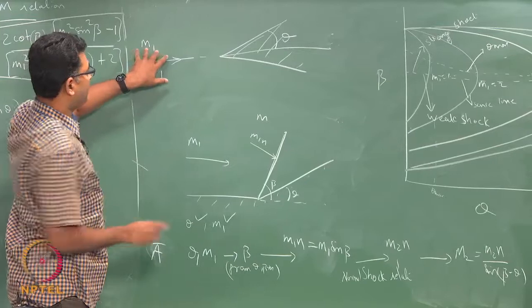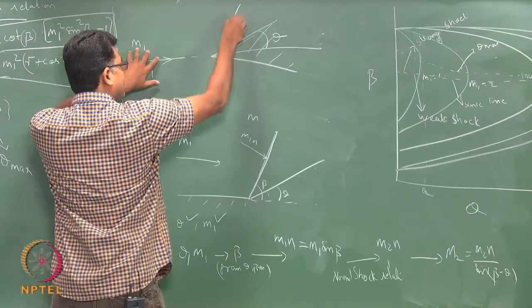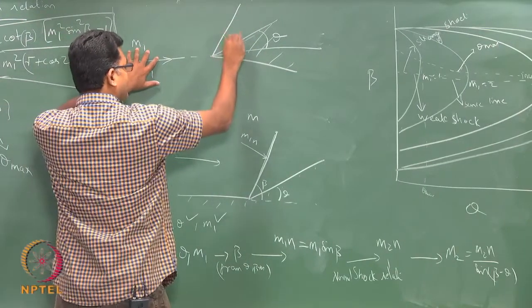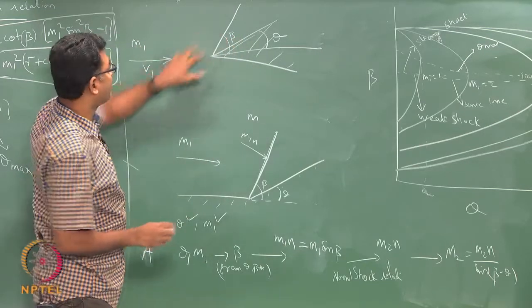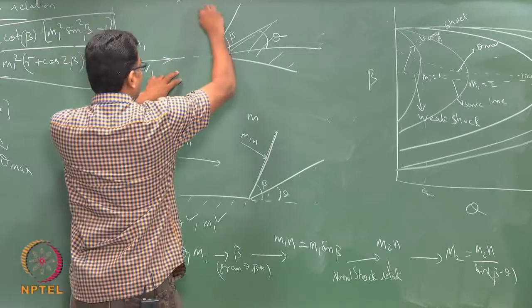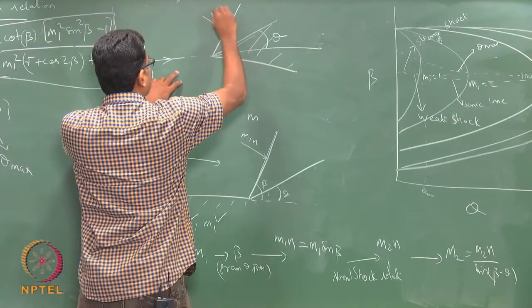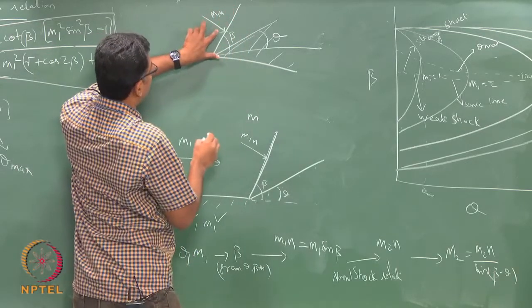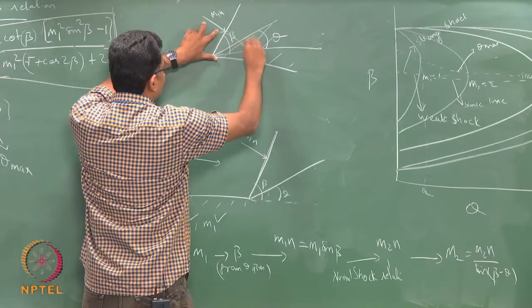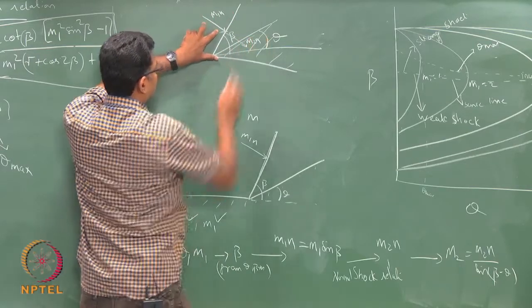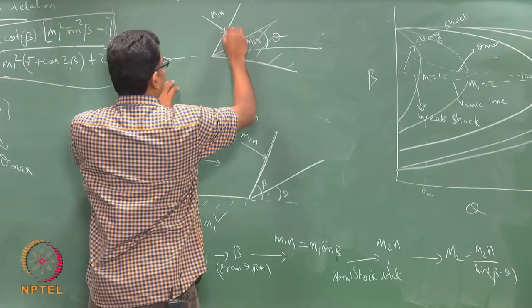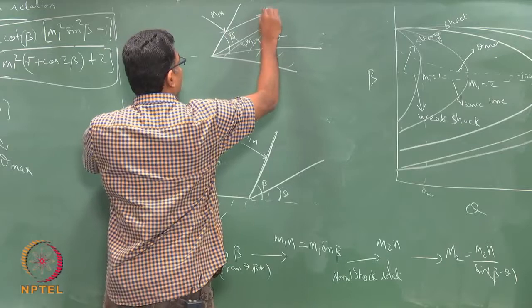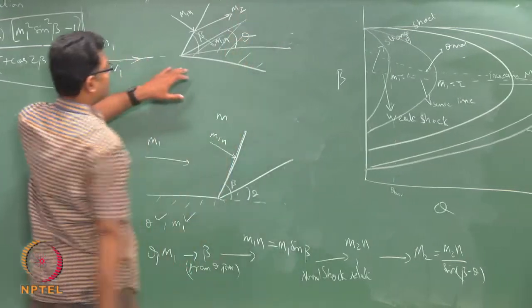The moment I know M1 and theta, I can get the shock angle beta from the theta-beta curve. The moment I know beta, I can find M1n. The moment I know M1n, I can find M2n from the normal shock relation. Once I know M2n, I can find my M2.